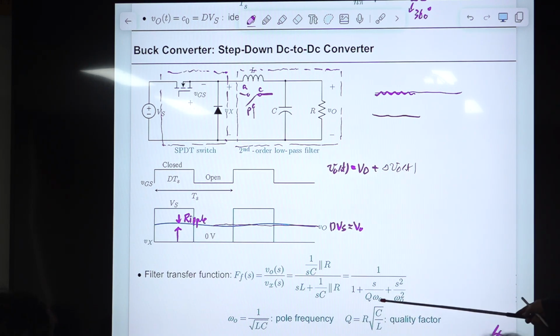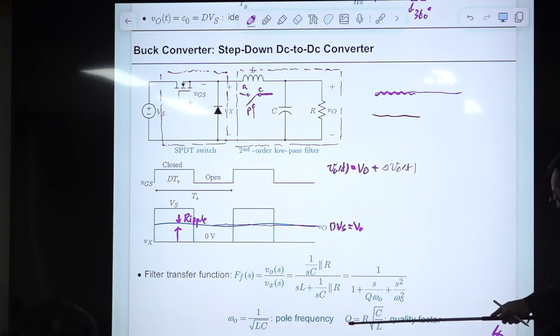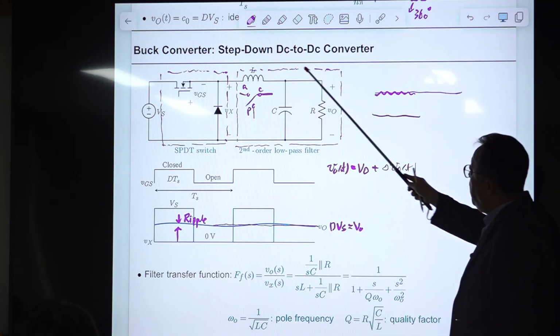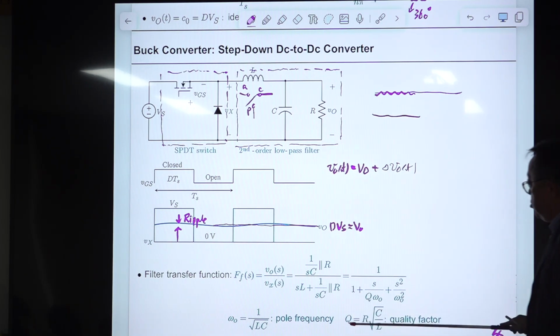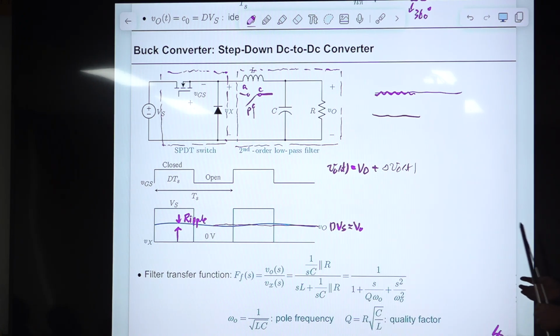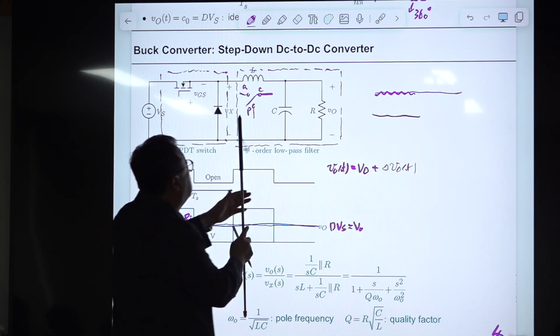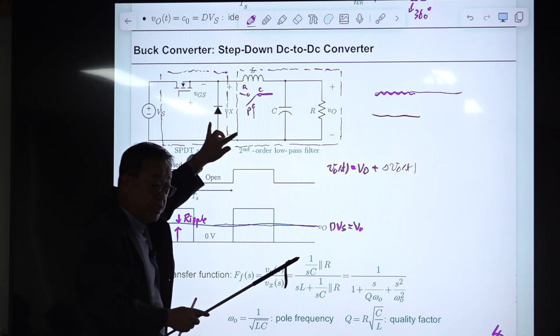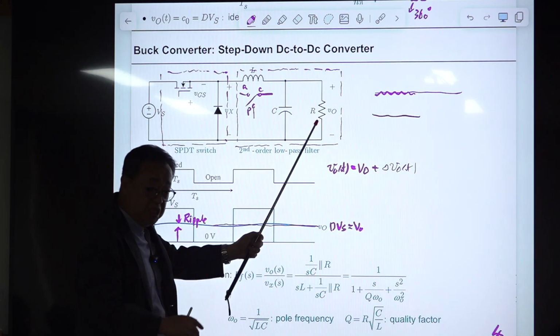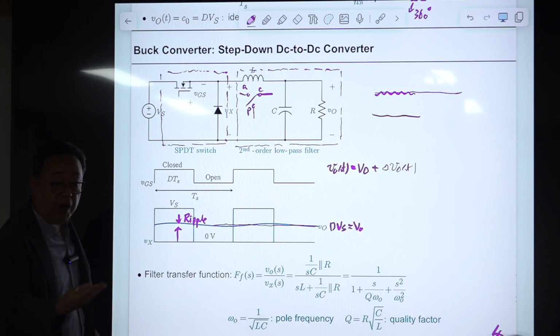Okay, this is the pole frequency. And this Q defined here has an expression that depends on the structure of this circuit. For this particular structure, the expression is this, and this is called the quality factor. Quality factor means quality of something. What kind of quality are we talking about here? Quality as an energy storage element. The quality factor will be relatively small because there is a resistor which consumes power.